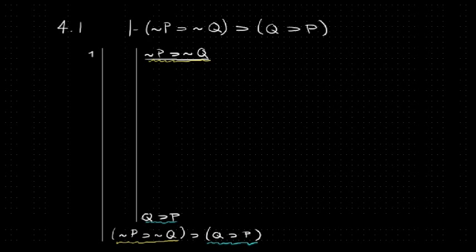Okay, so I just need to get from not P, then not Q, to Q, then P. Again, I've got another conditional statement here, so let's try and introduce it again with a conditional introduction, a horseshoe introduction. So again, that requires me to have assumed that Q and show that P follows from it. I've not really done any operations yet.